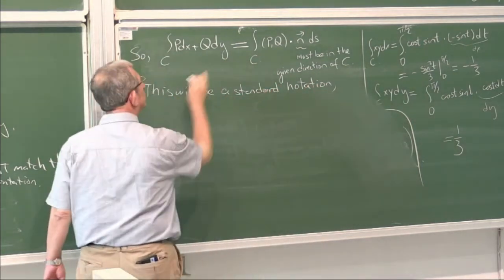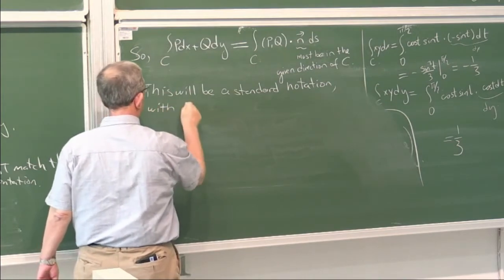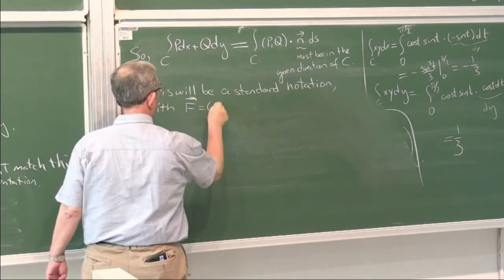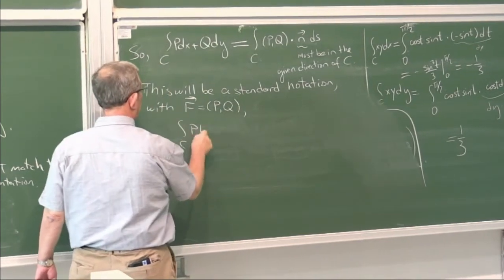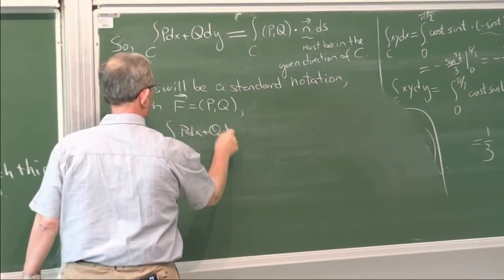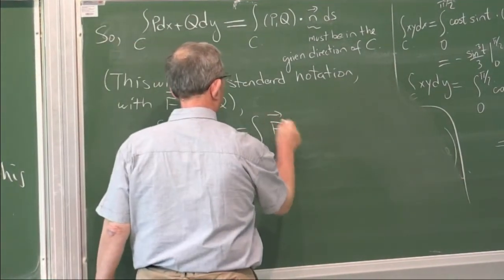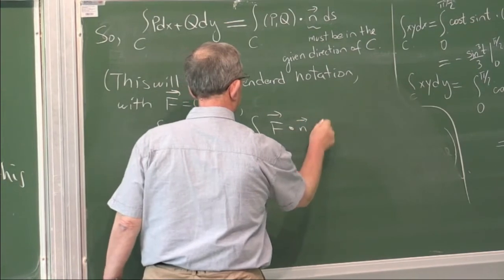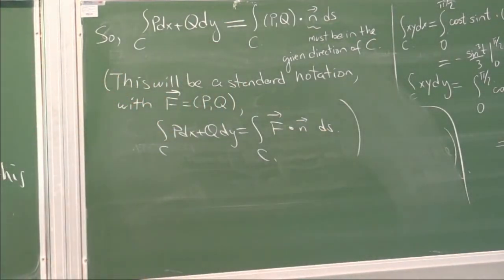Usually, we write (P, Q) as a function F. We have P dx plus Q dy written as F dot n ds. So this would be our new notation for line integrals of the second type.